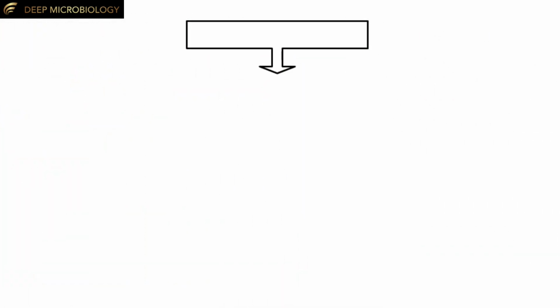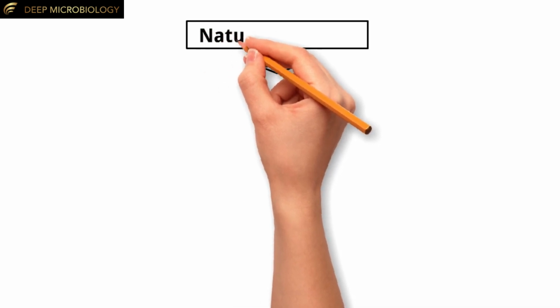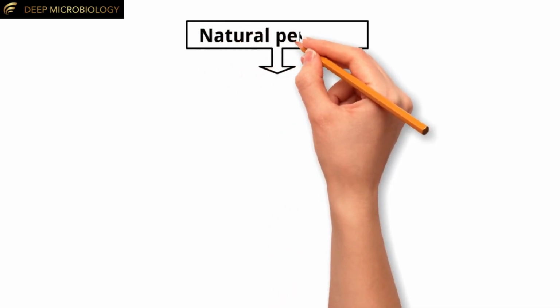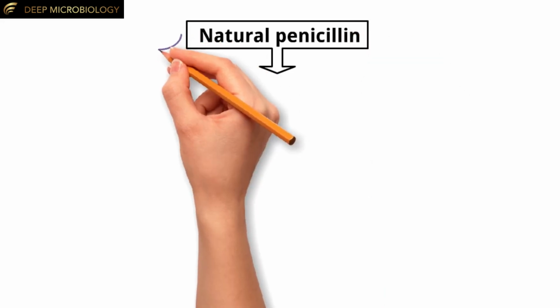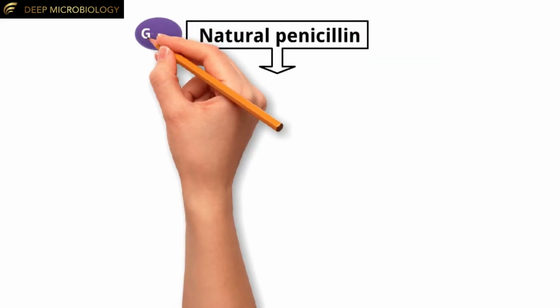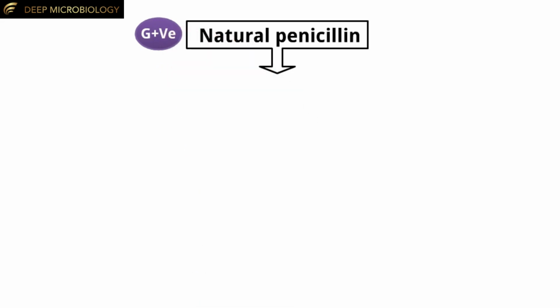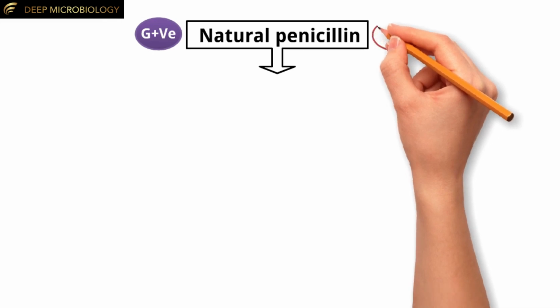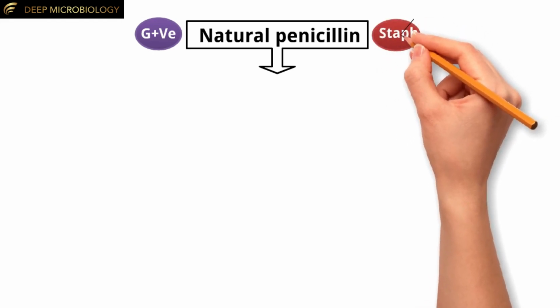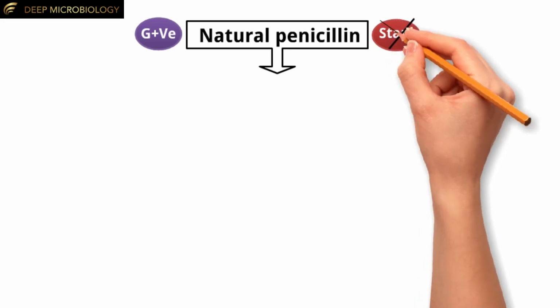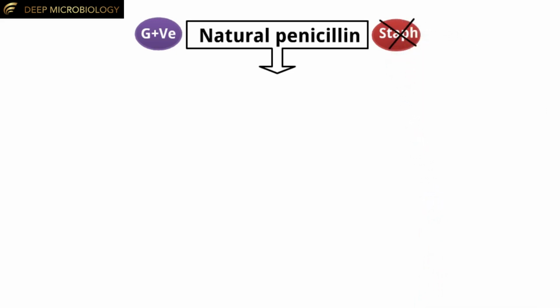Here we illustrate the antibacterial spectrum of different types of penicillins and their combinations in a flowchart. We start with natural penicillin, which is effective against non-beta-lactamase producing gram-positive bacteria, such as Streptococcus. However, it is not effective against Staphylococcus because Staphylococcus produces penicillinase, an enzyme that breaks down the beta-lactam ring.